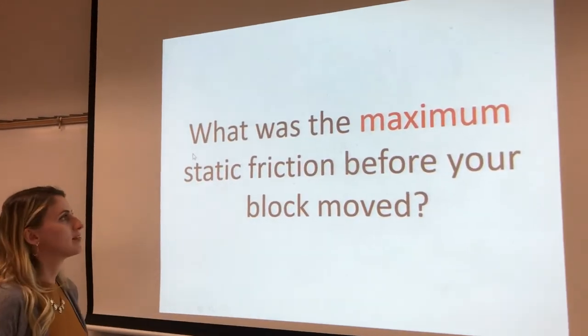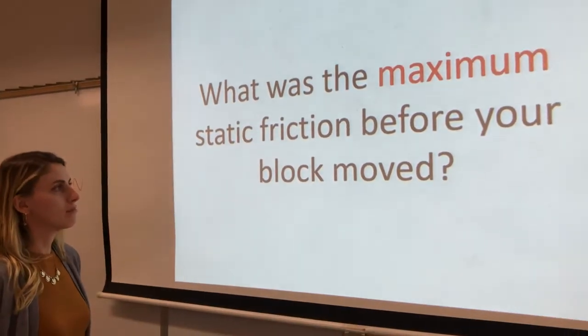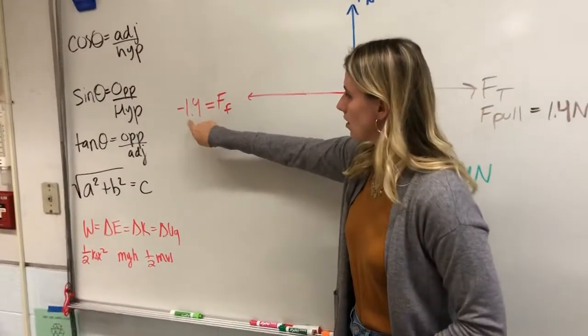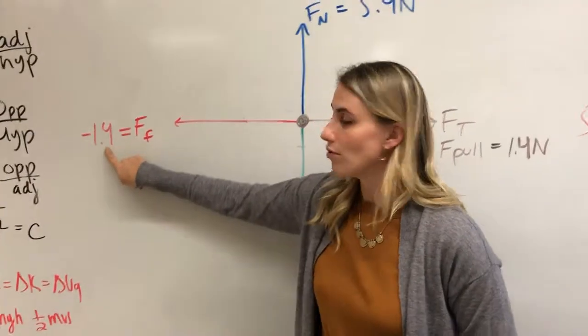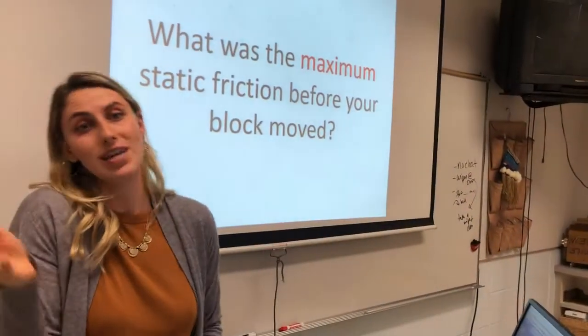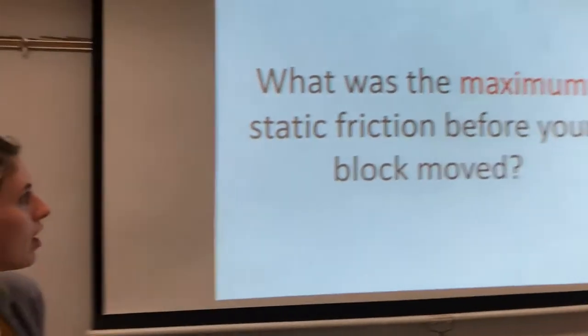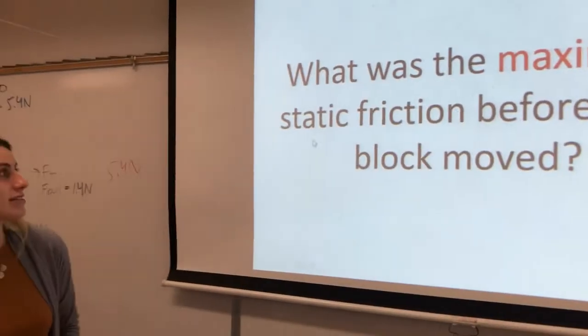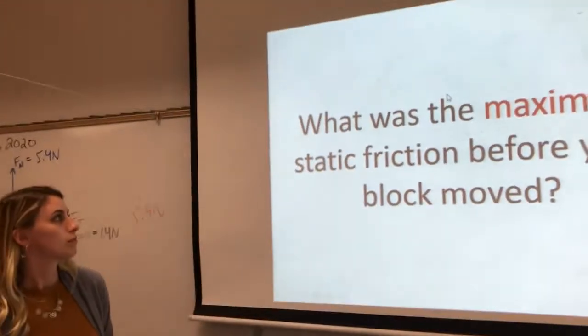What was the maximum static friction before your block moved? Well, for our first trial, it was 1.4, and for our second one, it was 2.8, and for our third one, it was 0.6. That's the maximum force of static friction before our block moved.